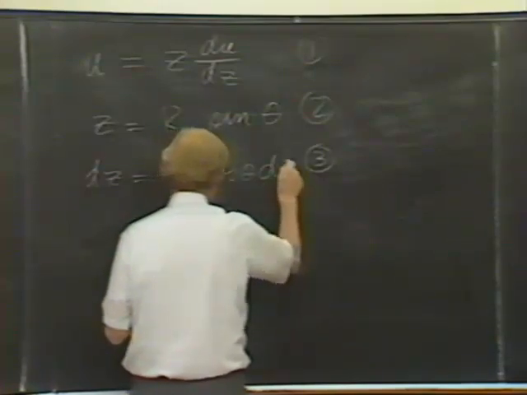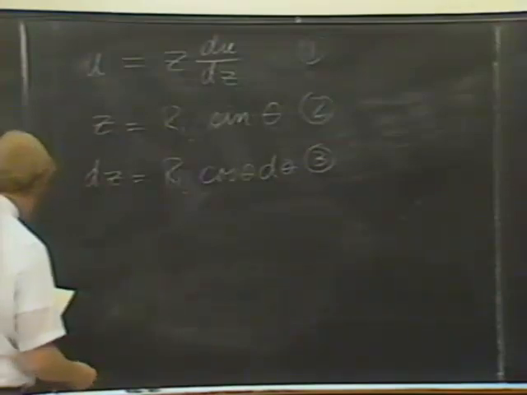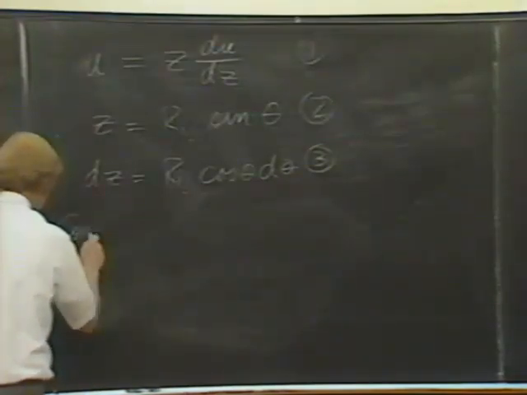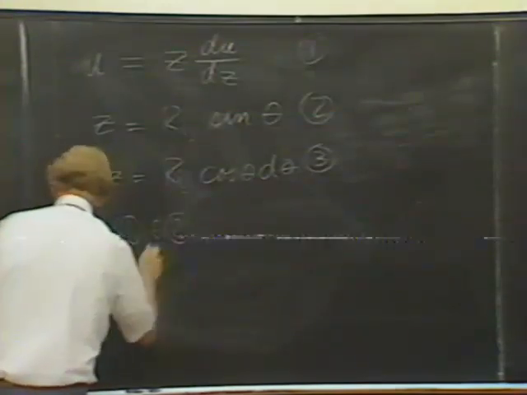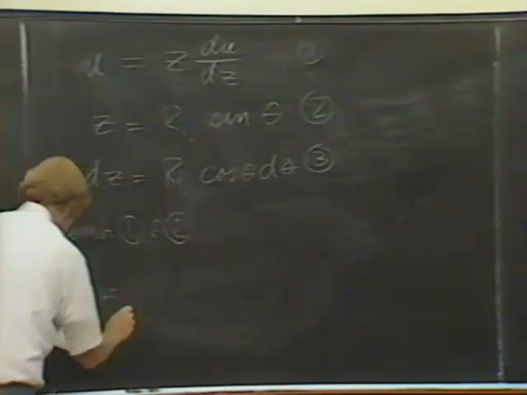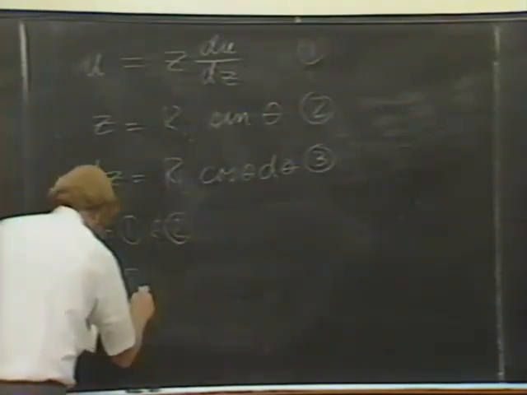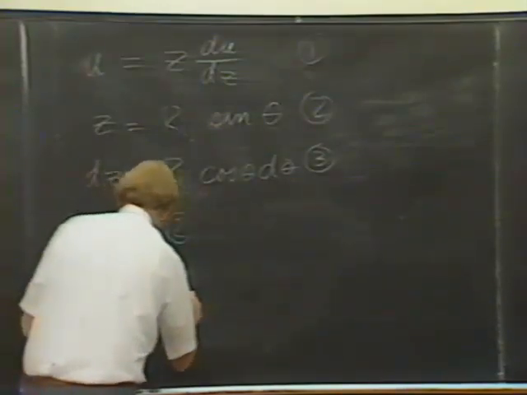Combining 1 and 2, I have u is equal to Rij sine theta du dz.